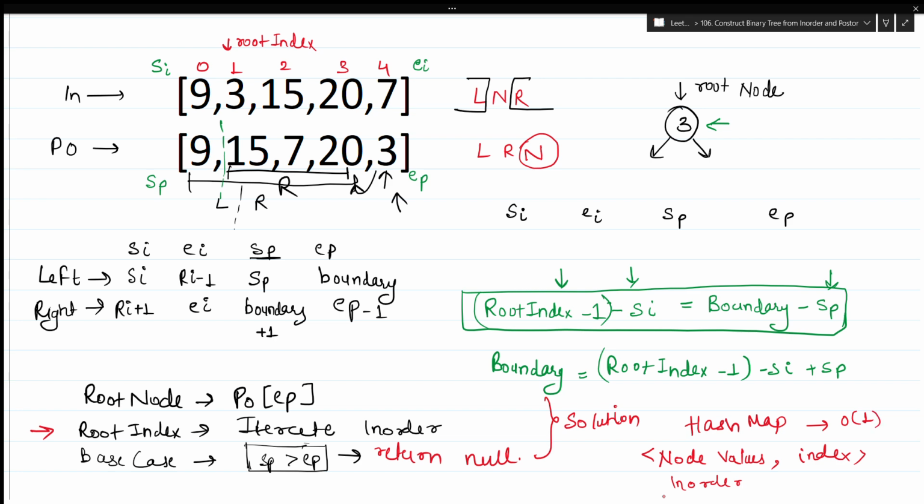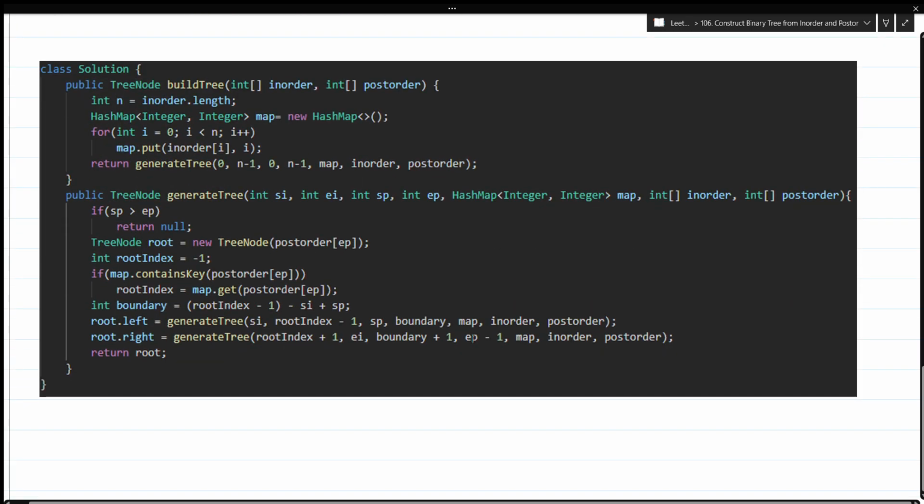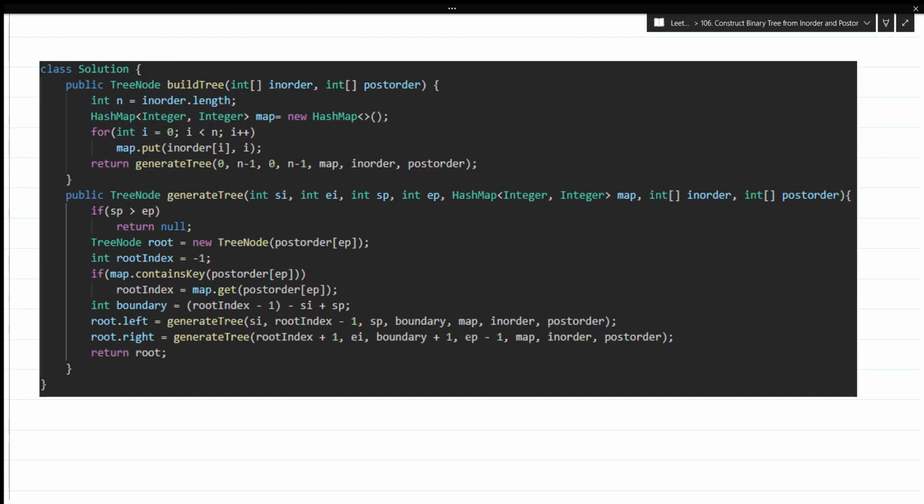Okay, let me give you a walkthrough of the code as well, which will be a replica of what we just discussed. I created a hash map which just stores the node values of the in order and their indices. Now this is my SI, ending index of in order, starting index of post order, ending index of post order.